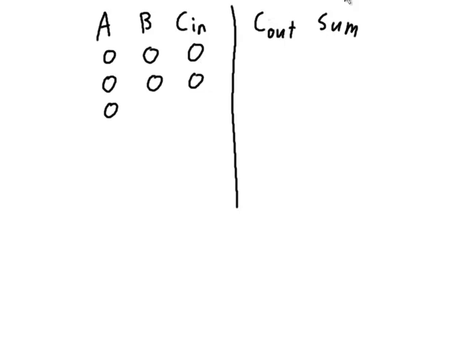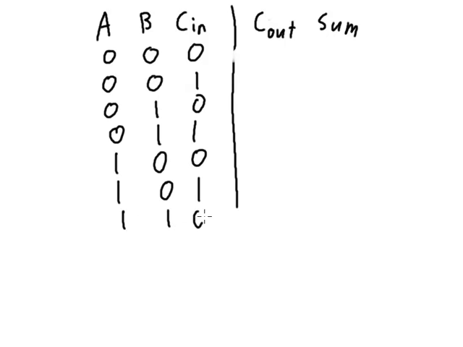Oops. That should be a 1 there, of course. 0, 0, 0, 0, 0, 1, 0, 1, 0, 0, 1, 1, 1, 0, 0, 1, 0, 1, 1, 1, 0, and 1, 1, 1. So my 8 combinations. And then for each one of these combinations, what am I going to get for a carry out and what am I going to get for a sum?